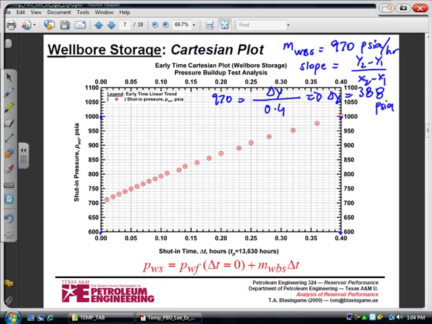Okay, so I have 2 points, and the straight line will be, I'm going to connect these 2 points. Okay, and this is your straight line. And then what you are going to do, you are going to shift this straight line.